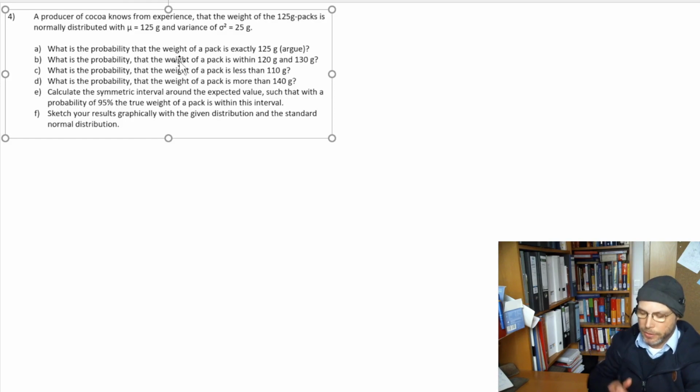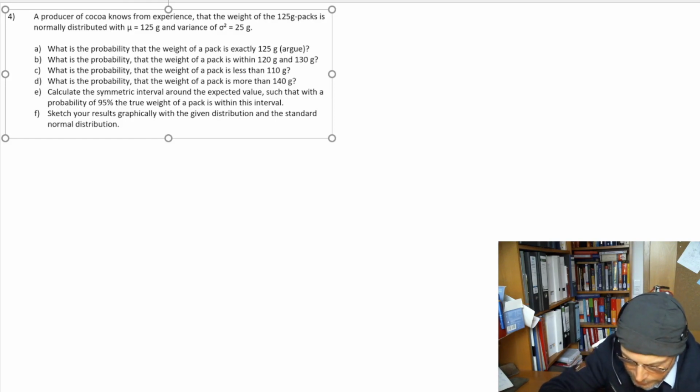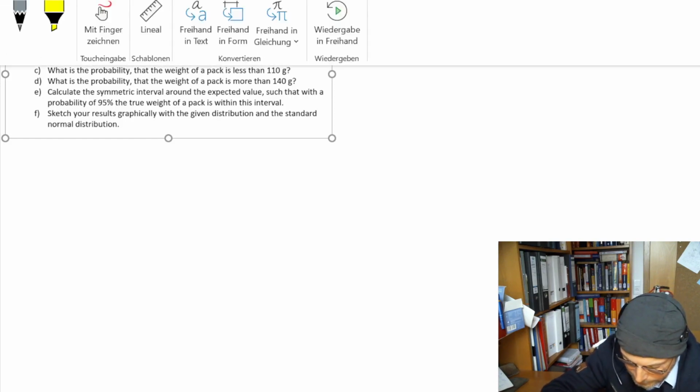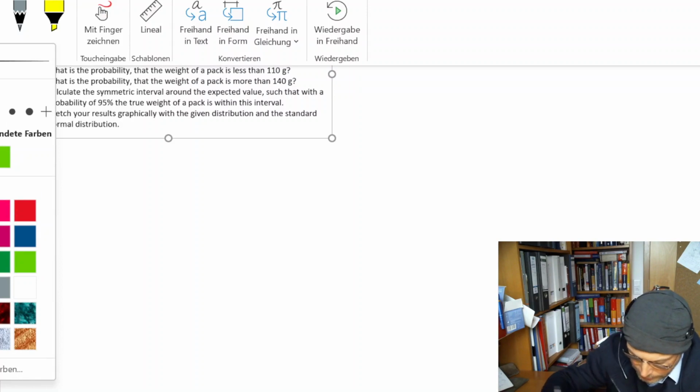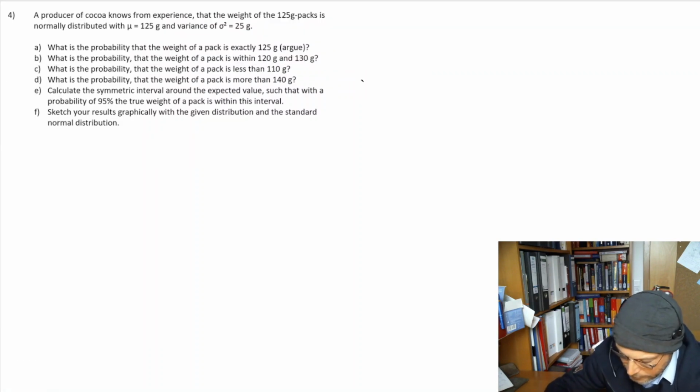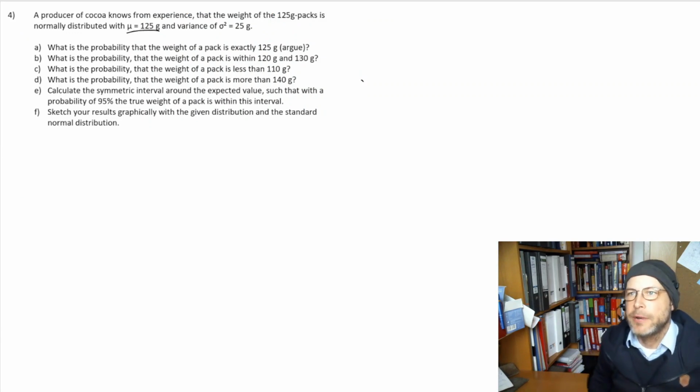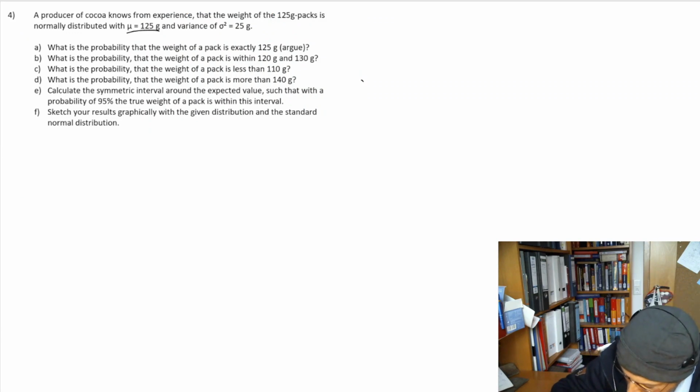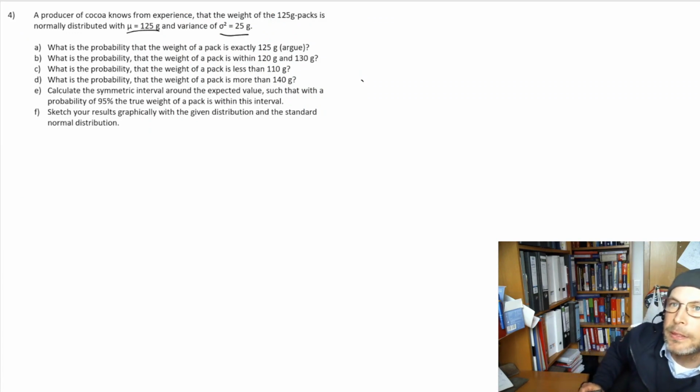And actually you know that the weight of your package is normally distributed with an expected value of 125 grams and a variance of 25 grams.